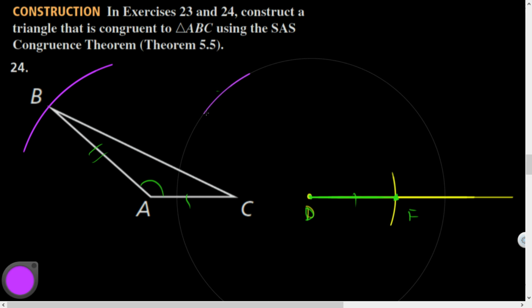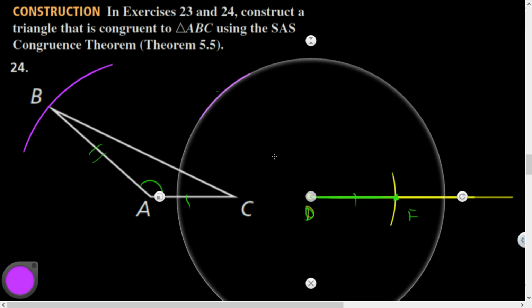Guys, I think I've honestly forgotten. We use just the straight edge and the compass here. Have we constructed an obtuse angle yet? I suppose I could construct the supplemental one to it first.